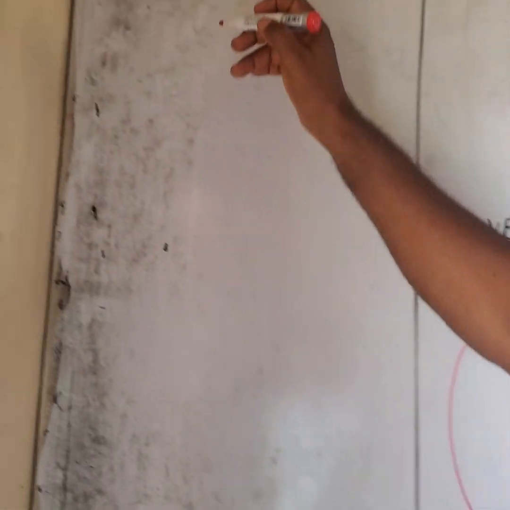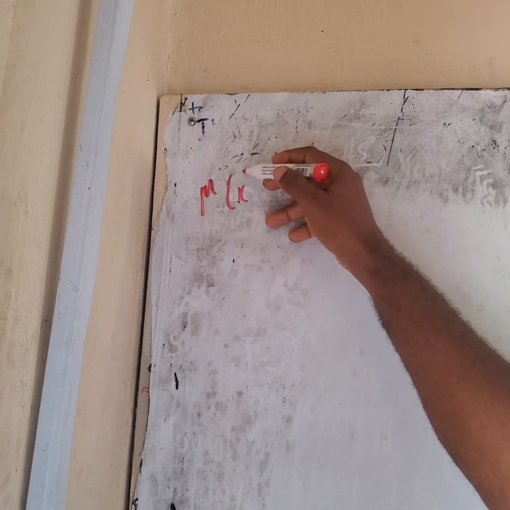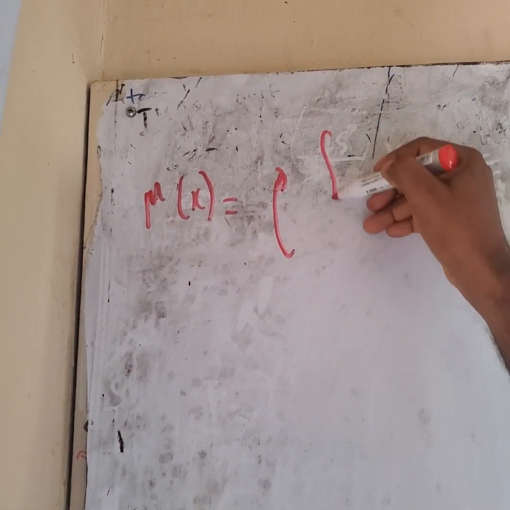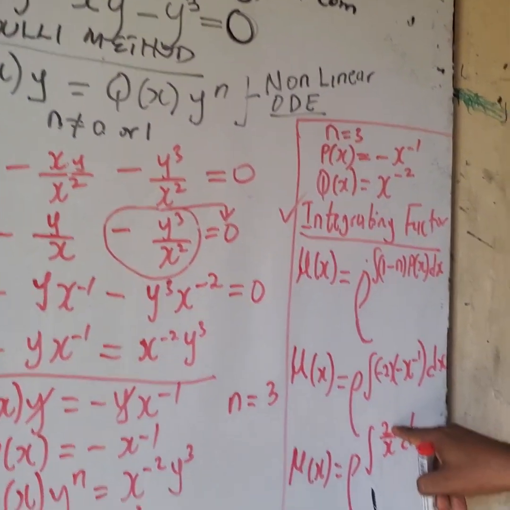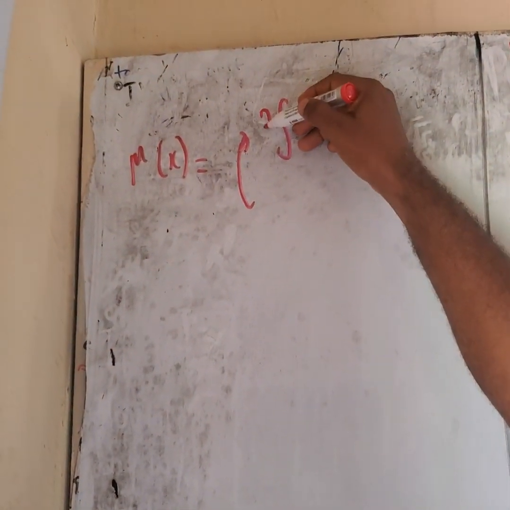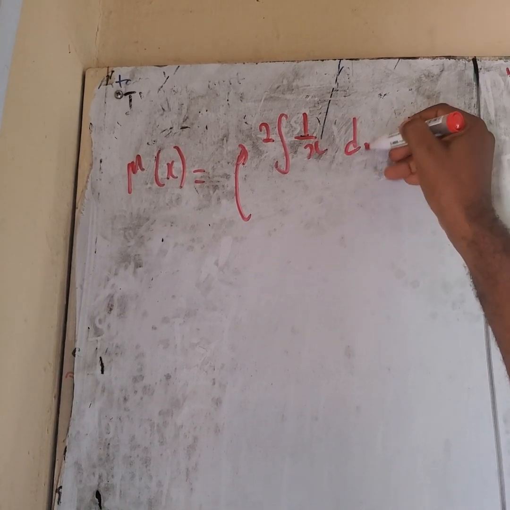We can see that mu function of x is equal to e raised to power integral. You can see that this 2 is a constant, so I can take this constant 2 outside the integral sign. So we have 2 times integral of 1 all over x dx.